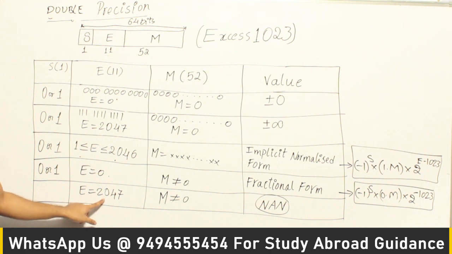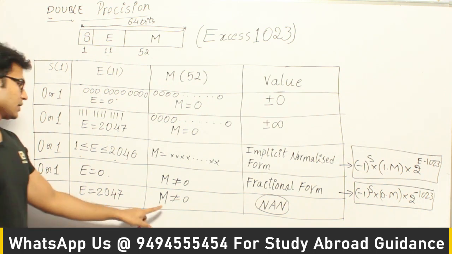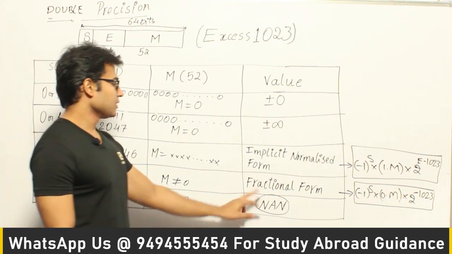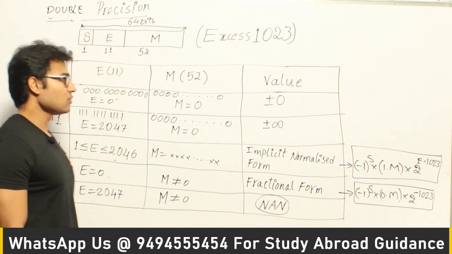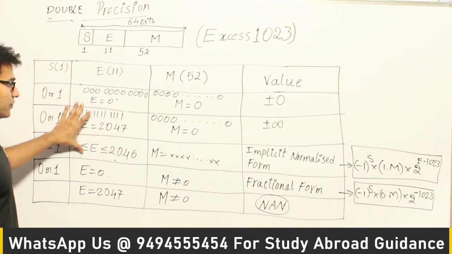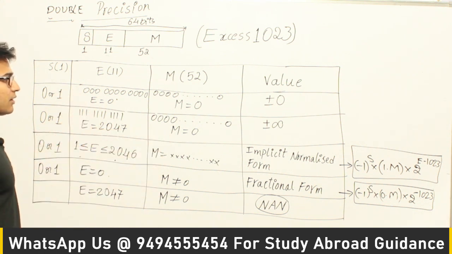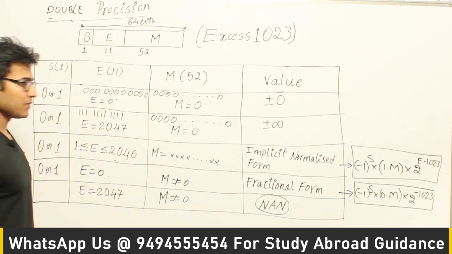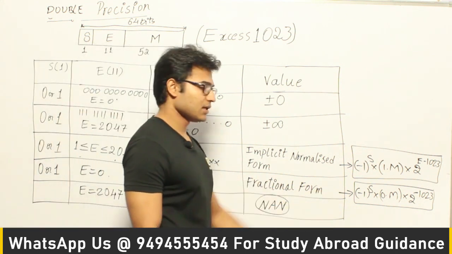And whenever e equal to all ones, which means 2047, and m is not equal to 0, then it is not a number. It is reserved. So what are the combinations we have? Whenever e equal to 0, we can go with this fractional representation. Either you are going to get a fraction or you are going to get a 0.